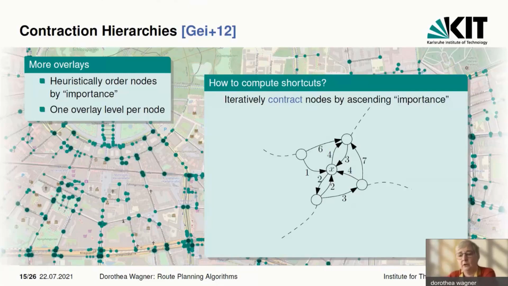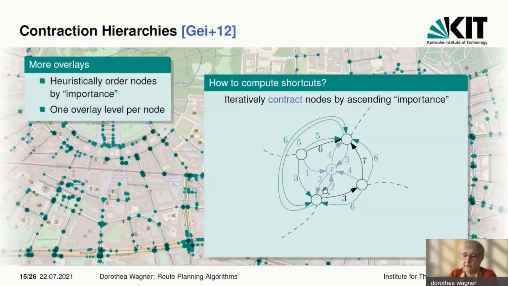And contracting a node is what we will do now with this node X. We look at the neighbors of X. And what we do when we contract X is we will remove X and all incident edges and introduce instead new edges that are induced by shortest paths between neighbor nodes of X that go via X.